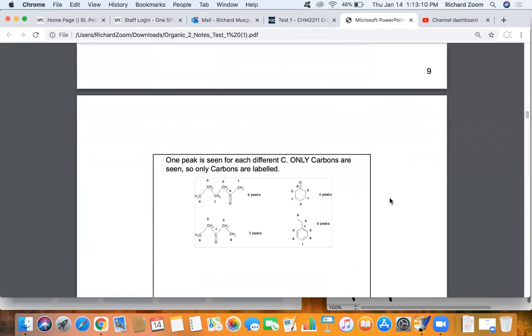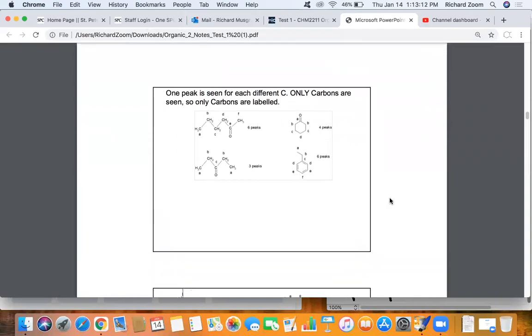Now, the same thing applies to carbon-13 as applied to protons when we're talking about symmetry. In this instance, we're labeling all the Cs here.